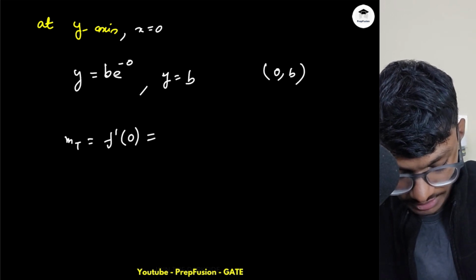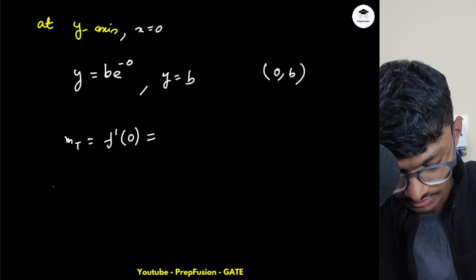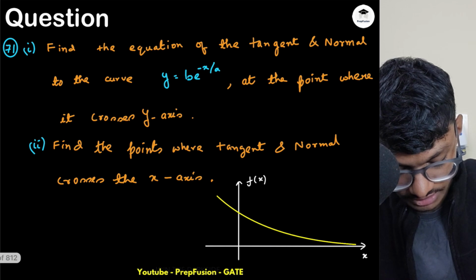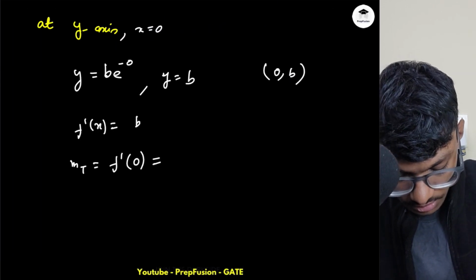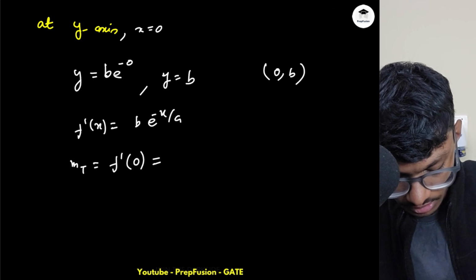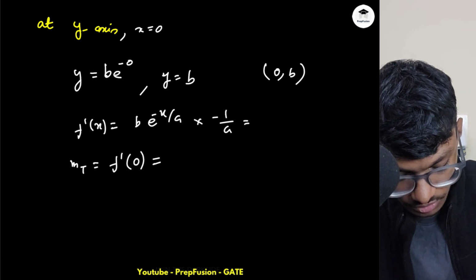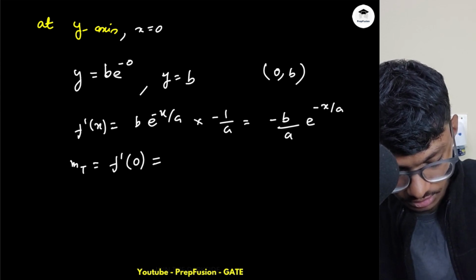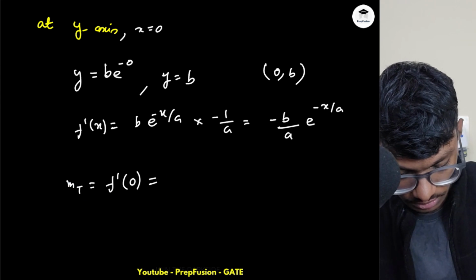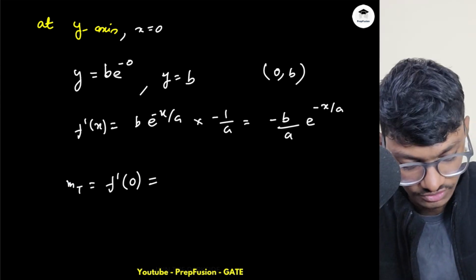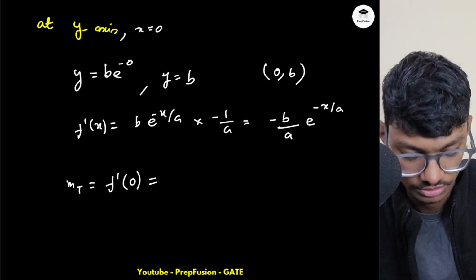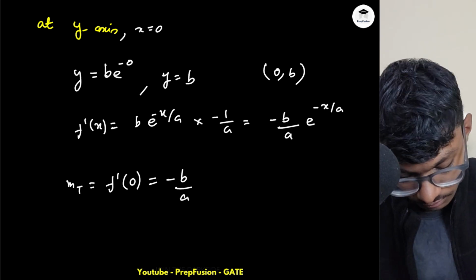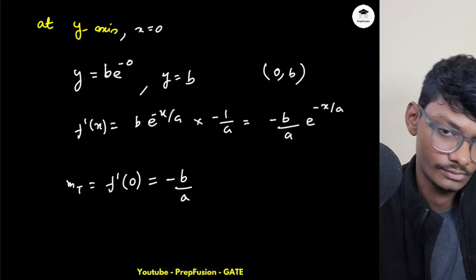First of all, we have to find f dash of x. f dash of x is simply b into e raised to minus x upon a, into obviously minus 1 upon a, which equals minus b upon a, e raised to the power minus x upon a. Now if I put x equal to 0, I will get minus b upon a.